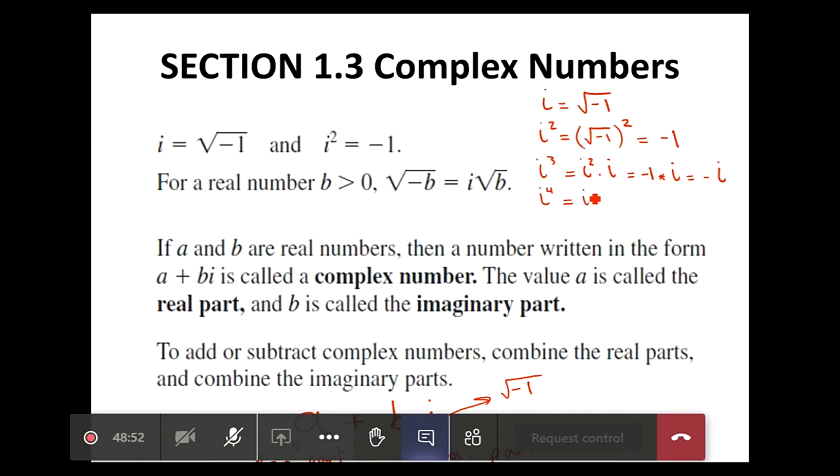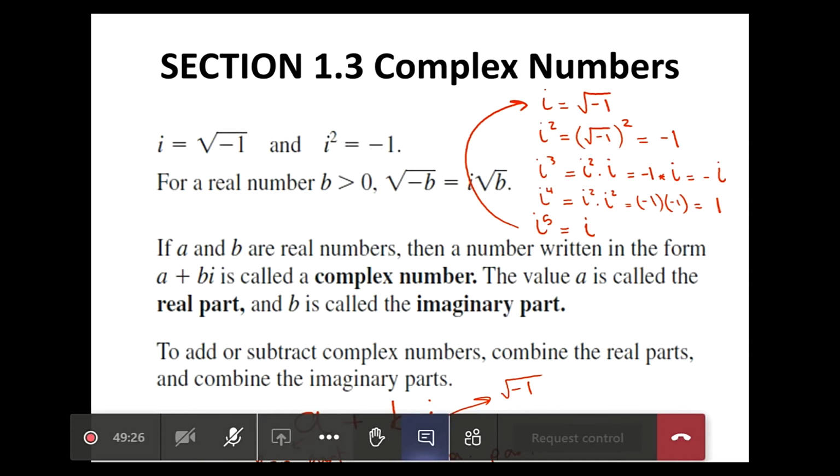Why? This is i square multiplied by i square, negative 1 multiplied by negative 1, equals 1. i to the power 5 returns to i. Then i to the power 6 is the same as i square, i to the power 7 is the same as i to the power 3, and so on.